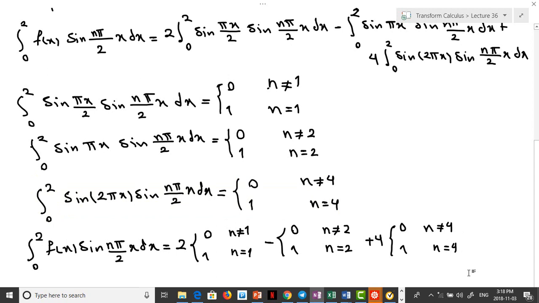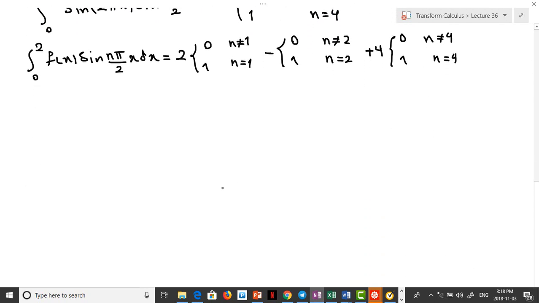Let's get back to the solution of this problem. We said the solution u(x,t) was equal to 2 over L. L is equal to 2, so 2 over 2 is 1.